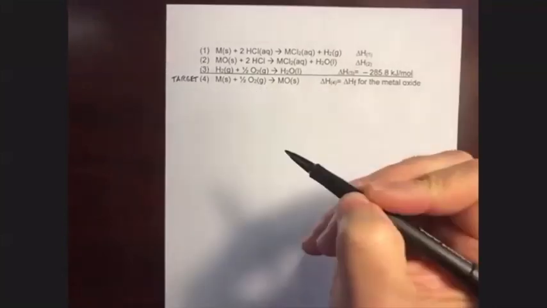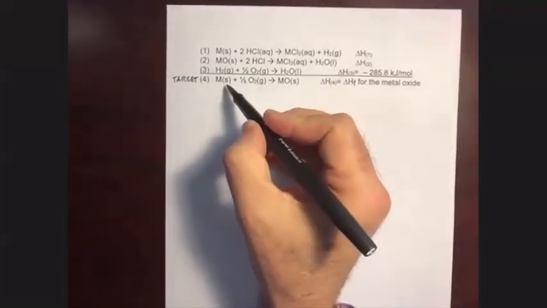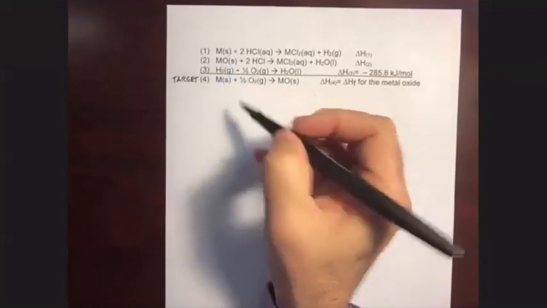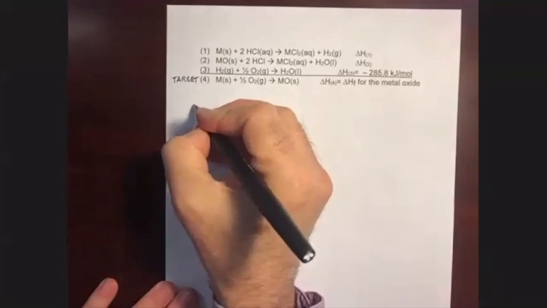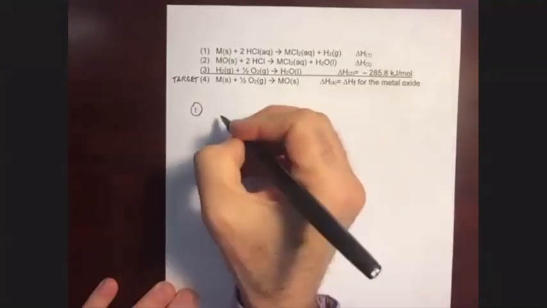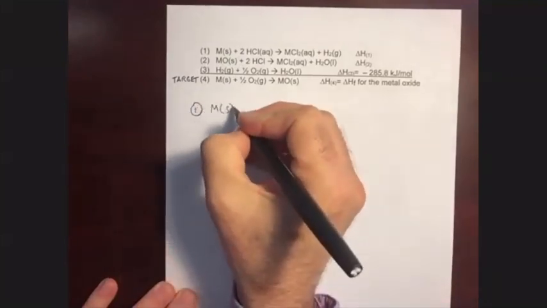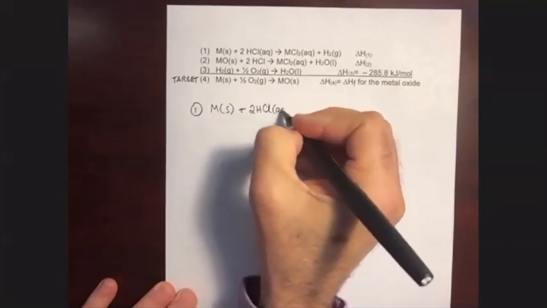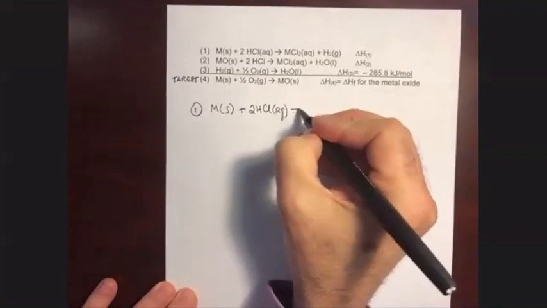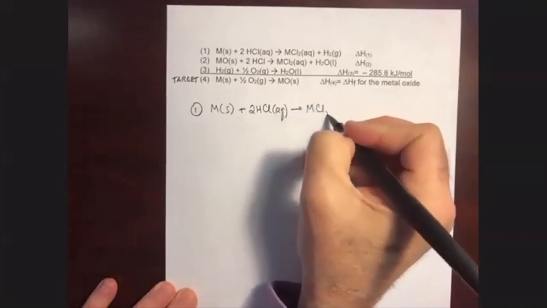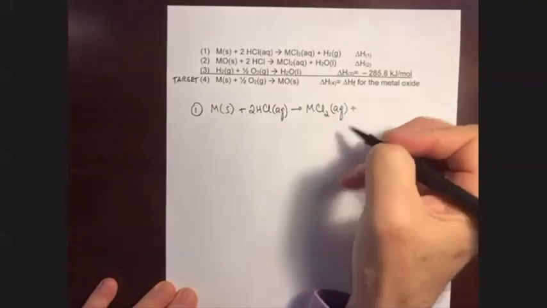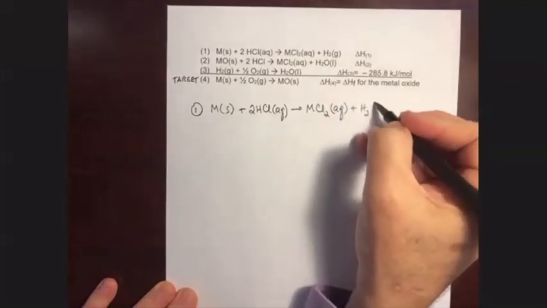So the first thing we look for is, do we have a reaction where the metal is already a reactant? That would be reaction 1. So I'm just going to copy reaction number 1 over here, and that is the metal reacting with HCl aqueous, which is hydrochloric acid, to produce a chloride of the metal, dissolved in water, and hydrogen gas.